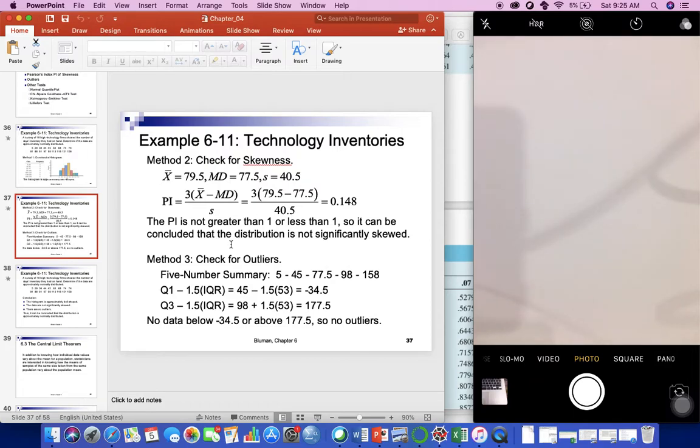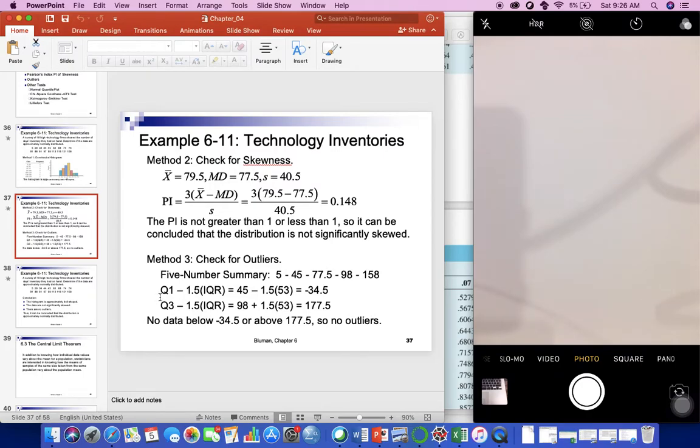The third method is to check for outliers. For checking the outliers, using the 5 number summary, you first need to find the Q1 value, the IQR value, and the Q3 value.